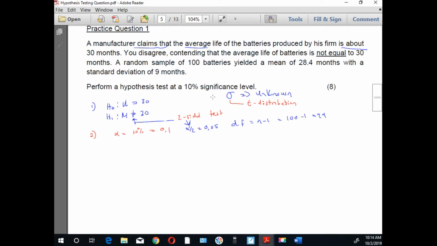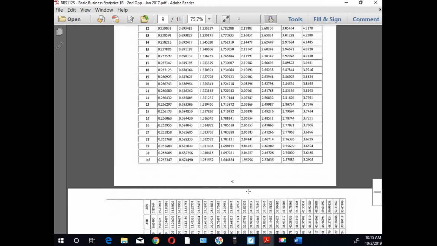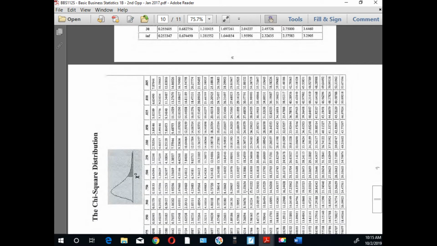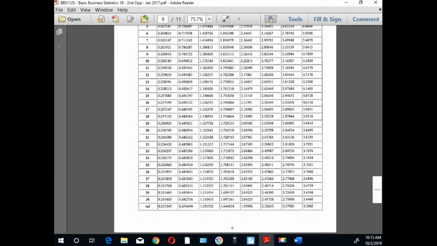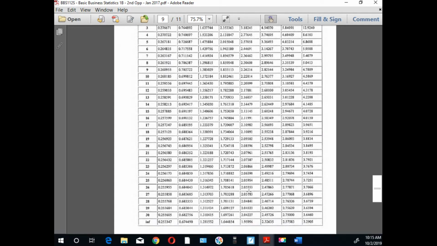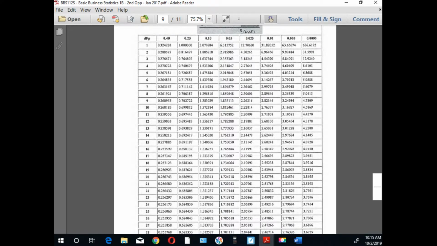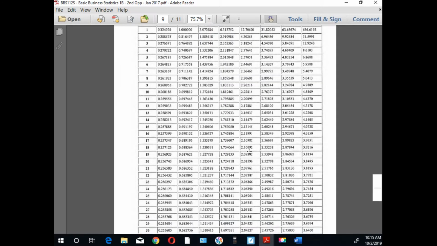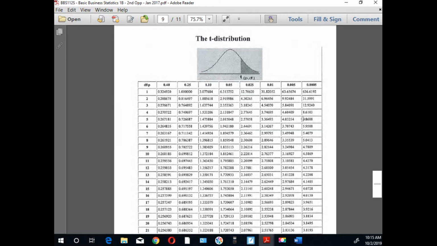So we go to our t-distribution table. I hope we'll find 99. We can't find 99, so we use the one written infinite here, and we want 0.05, so it will be this part, where 0.05 is here.